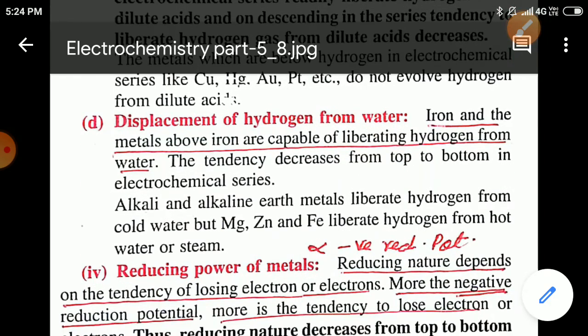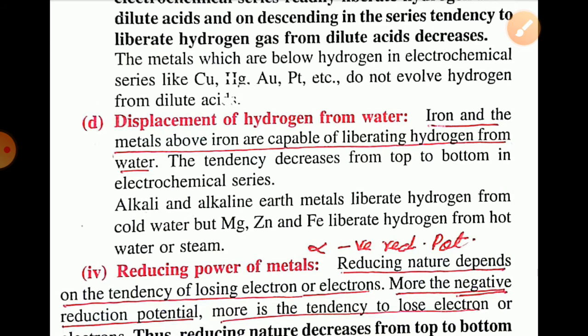Now, displacement of hydrogen from water. Iron and the metals above iron are capable of liberating hydrogen from water.